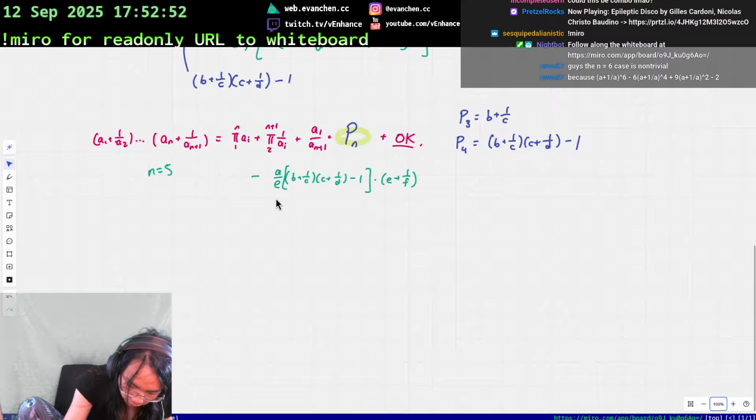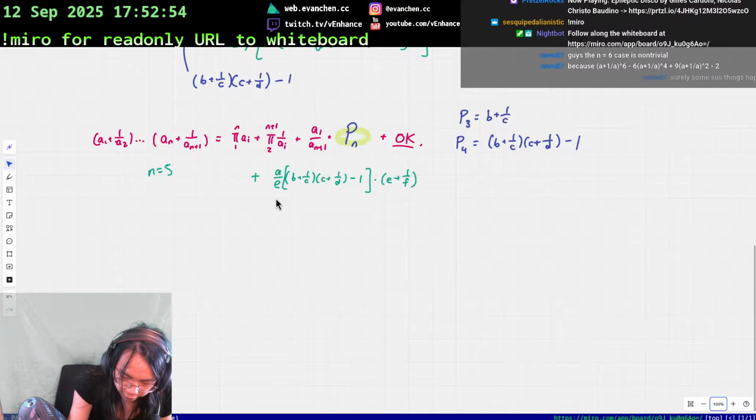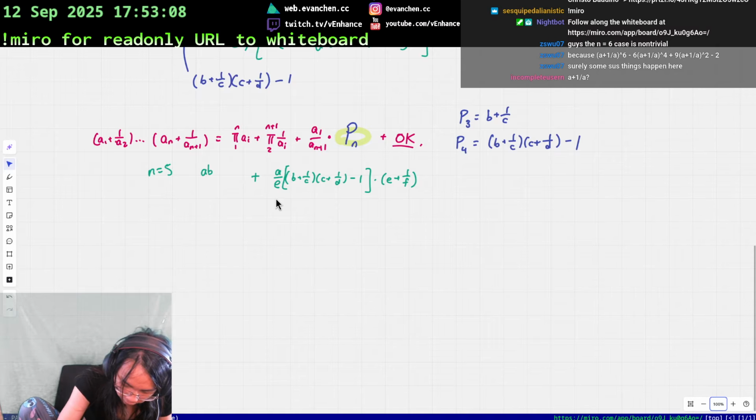And then also we get two new terms, right? So the two new terms that spawn are what? One, abcd over f, plus... make sure I get that right. 1 over bcd.